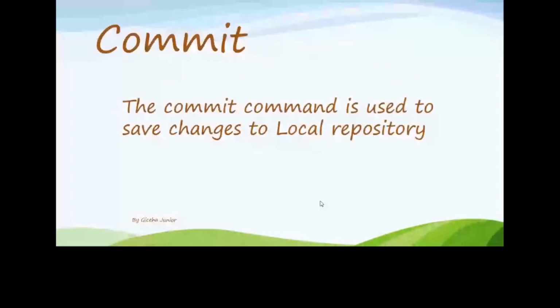Then we have commit. The commit command is used to save changes to the local repository. For example, you have that project on your local machine and you have made some changes to it. You're like, okay, how do I update the local repository with the changes I have made?